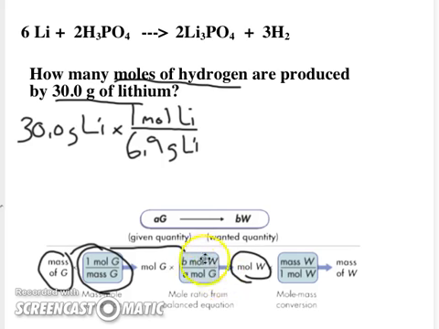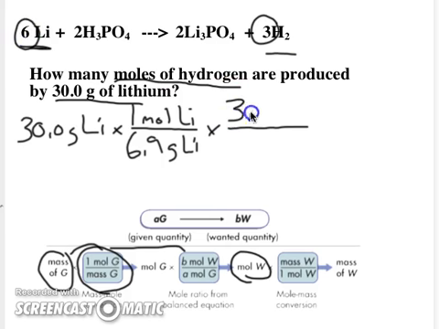Okay, the second step now is the mole ratio. So we set up another conversion factor. It's moles of what we want on top, and in this case we're looking for hydrogen. So we're looking for hydrogen, and we're starting with lithium. Okay, so those are the coefficients that we're going to use. So we're looking for hydrogen, so that goes on top. So 3 moles of H2, 6 moles of Li, and that's the setup right there.